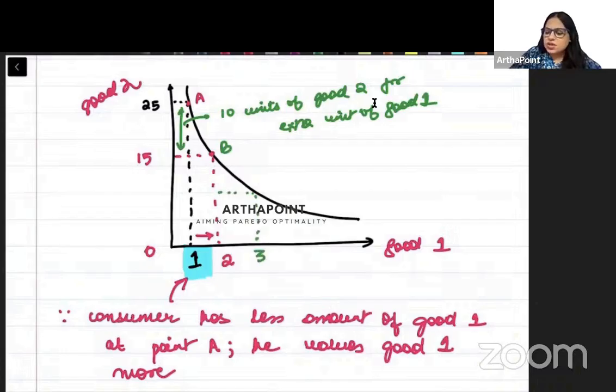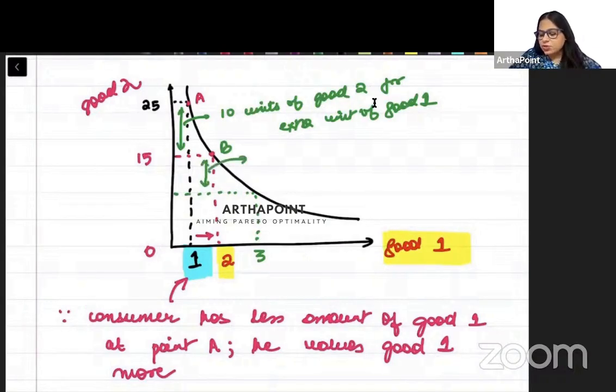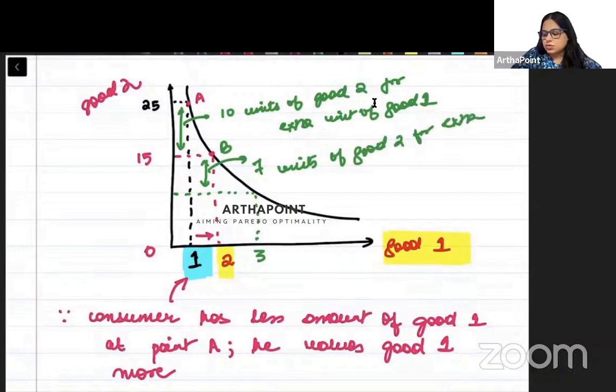Now the consumer says कि okay, now I have 2 units of good 1. अब मेरे पास 2 यूनिट पहले से हैं good 1 के. Since I have 2 units of good 1, now I am willing to give up, suppose, only 7 units of good 2 for an extra unit of good 1.